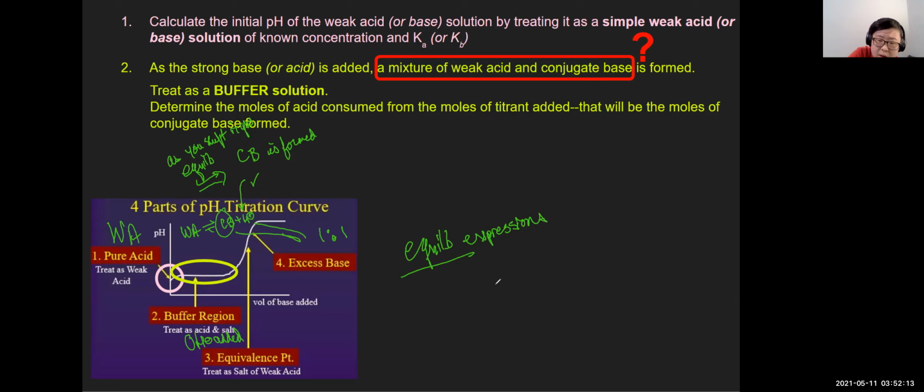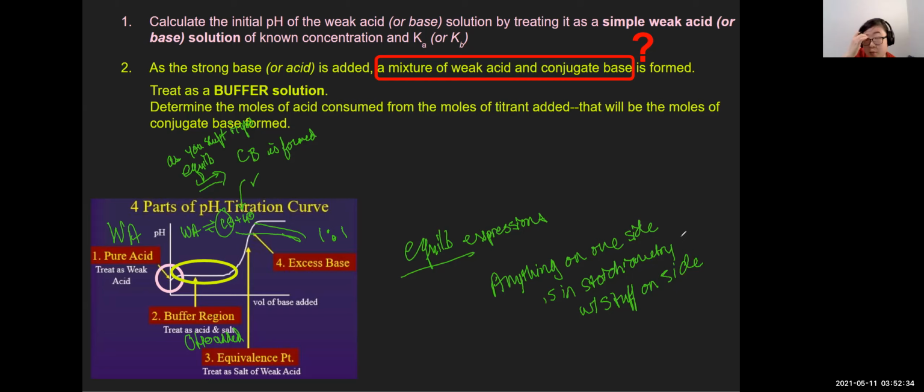I'm sorry, my voice is going out. So anything on one side is in stoichiometry with stuff on that side, not on the other side, because the other side is determined by Ka and Kb values.